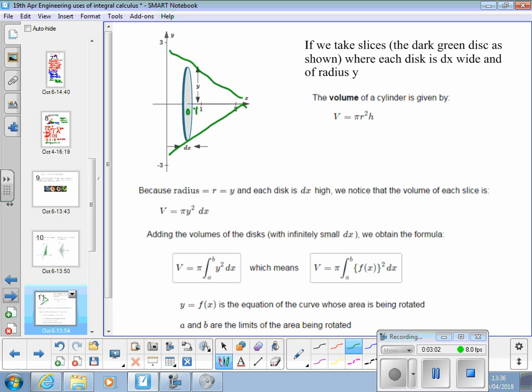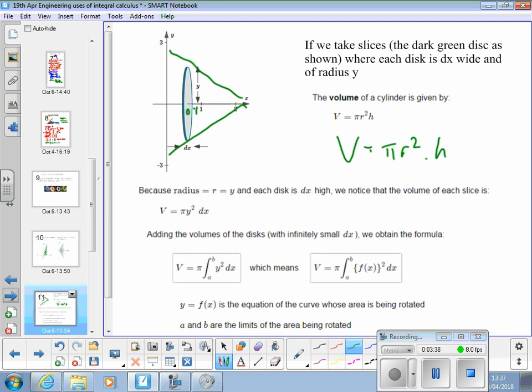Agreed? Yeah. The volume of that slice is pi r squared, that's the area of a circle, by the width dx of that slice, in some cylinder here.